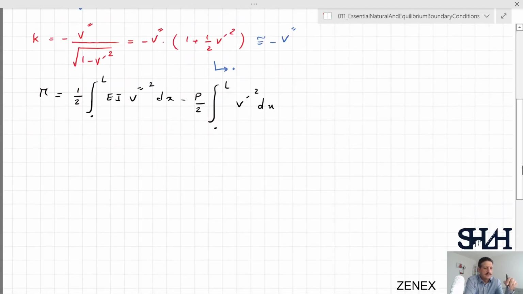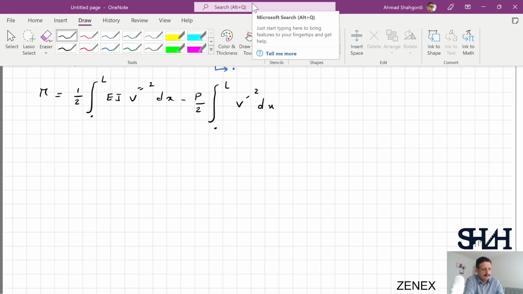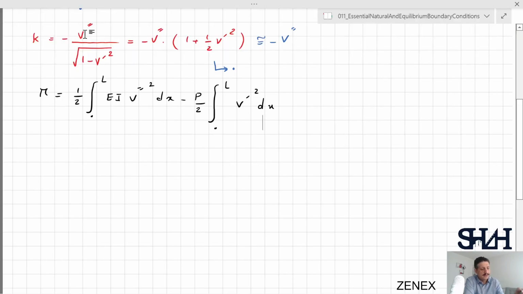To solve this, as far as we do not have V, it is easier if we use the variation method. A small variation is applied. It looks like derivatives, but with a different definition.